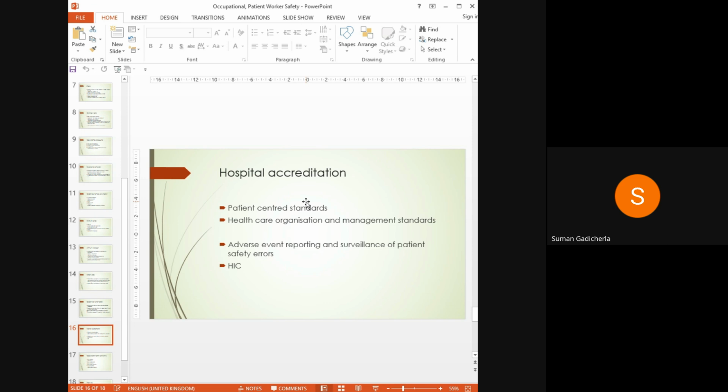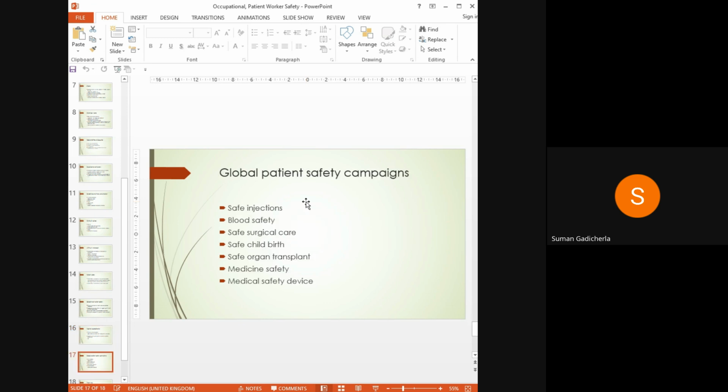Medication errors can include a wrong prescription, a wrong drug or inappropriate dosage. There is something called the global patient safety campaign, which looks at safe injections, blood safety, safe surgical care, safe childbirth, safe organ transplantation, medicine safety, and medical safety devices.